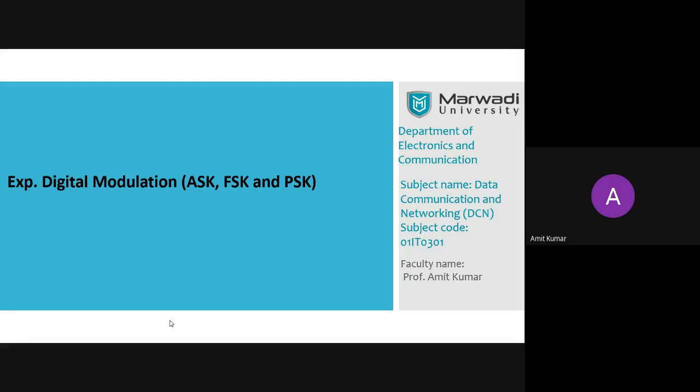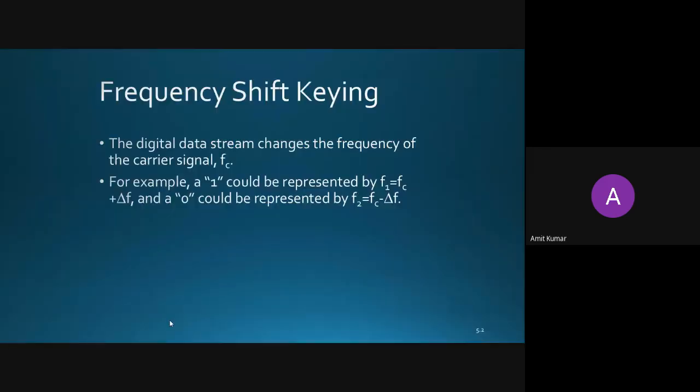Here we are going to cover FSK. The frequency of your carrier signal is going to vary in accordance with your data signal. That is our target here. How it will vary, we will see. So for frequency shifting, the data is in digital format.